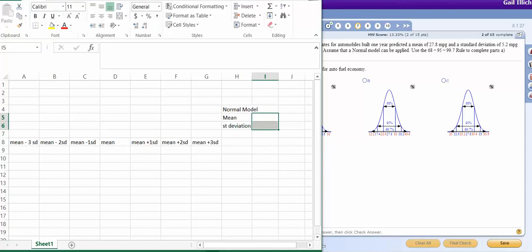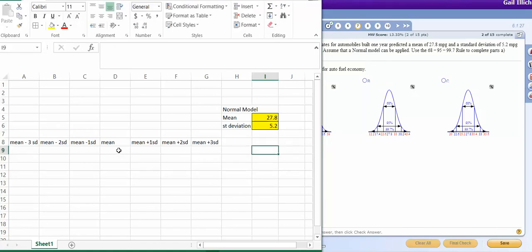So I'll change the ribbon and make those yellow, and then I'll put borders. That's going to allow me to just type in the mean and the standard deviation. So for example, on this problem, the mean was 27.8, and then the standard deviation was 5.2.